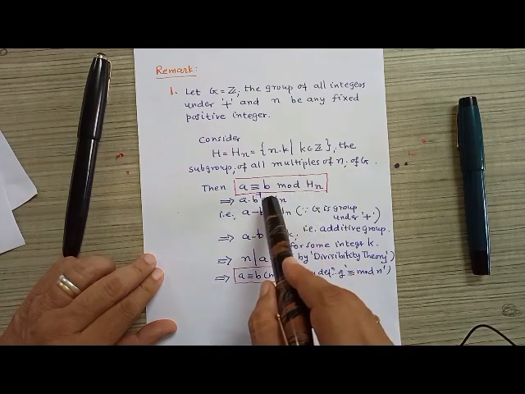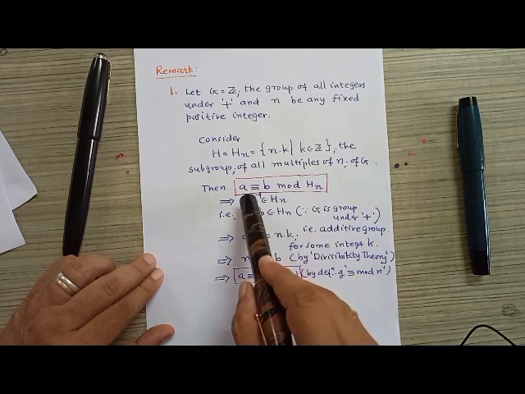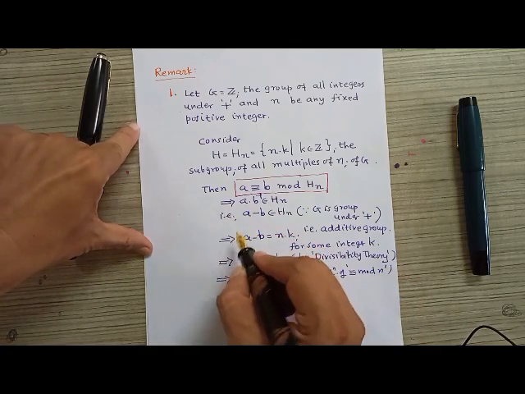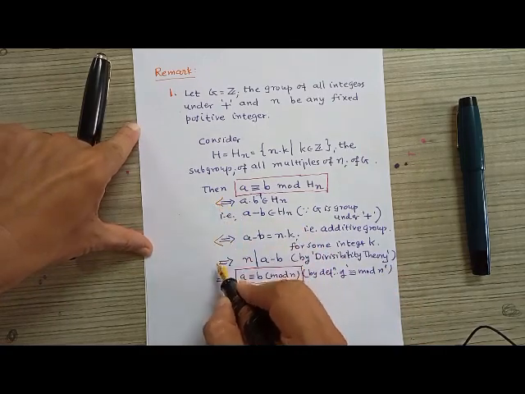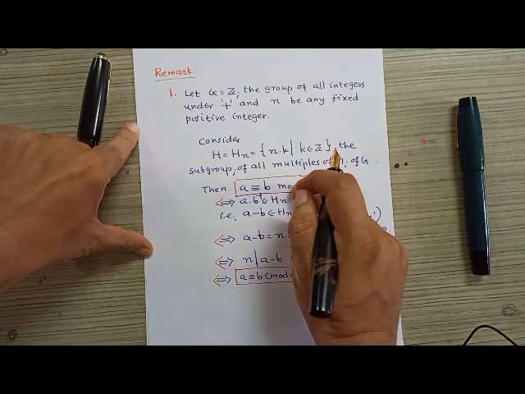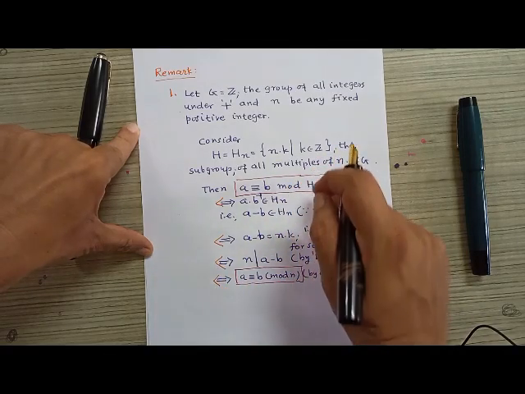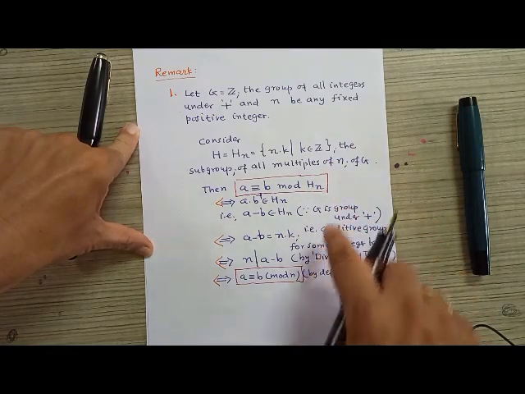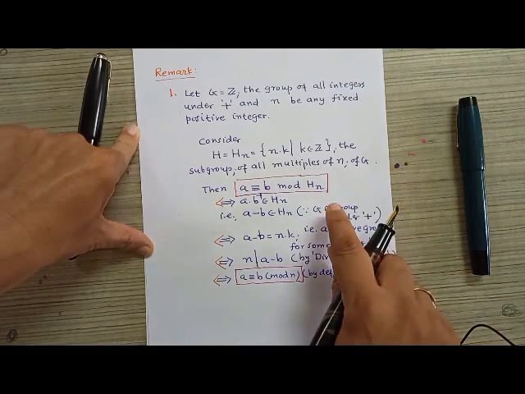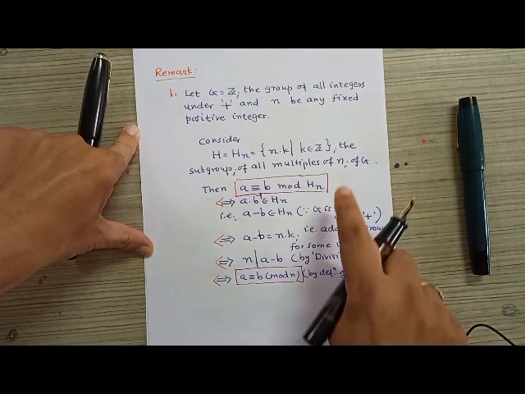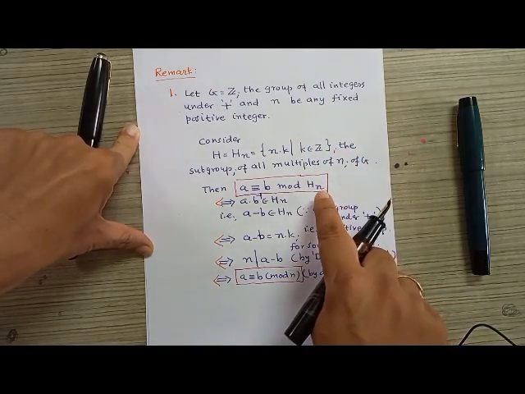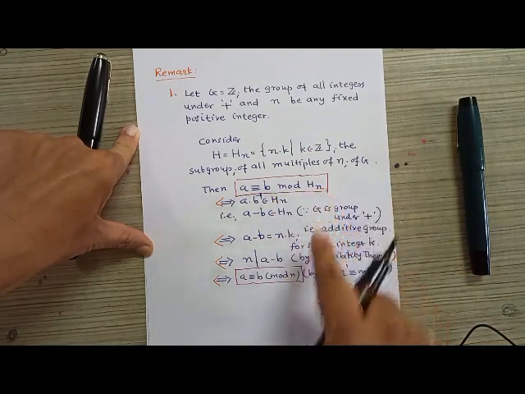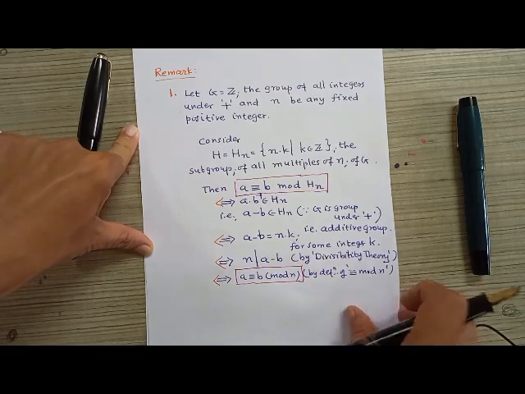Then by the definition of congruence relation in a group, we have A is congruent to B modulo Hn. So this implies this and this implies this. Ultimately these two definitions of congruence relation modulo are equivalent in the particular case whenever Hn is a subgroup of a group G: A is congruent to B modulo Hn if and only if A is congruent to B mod n.